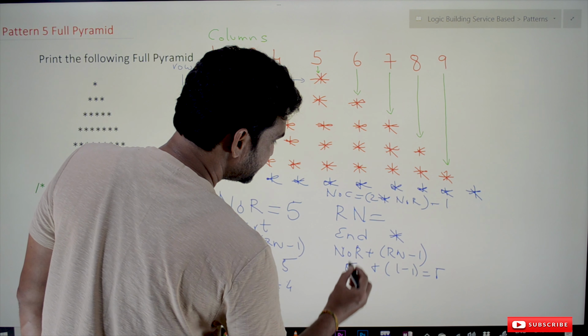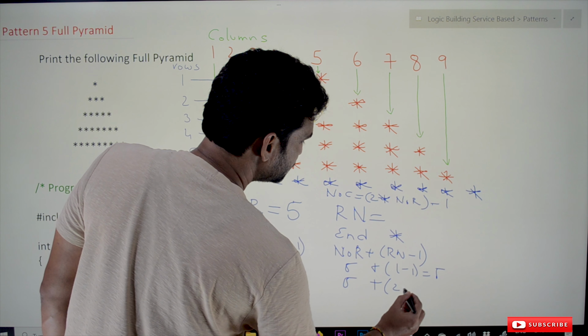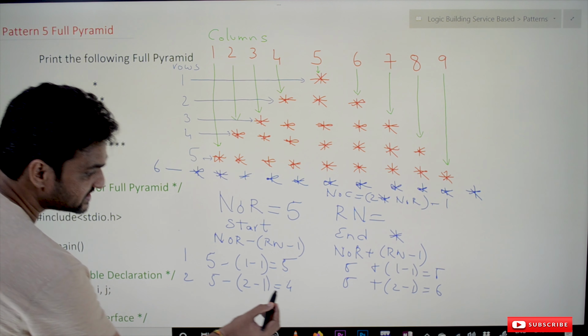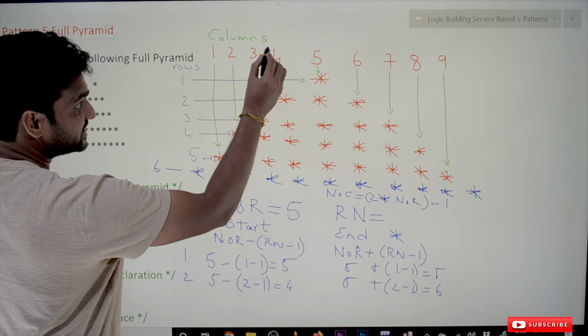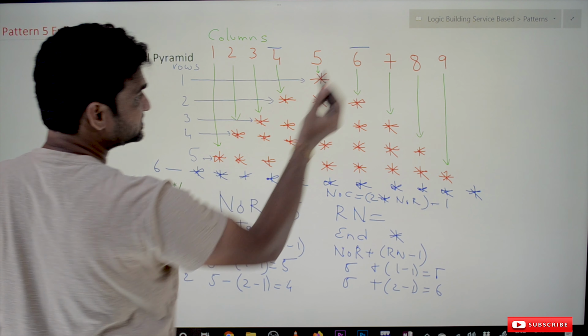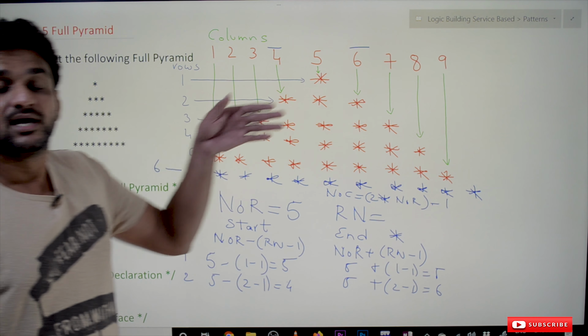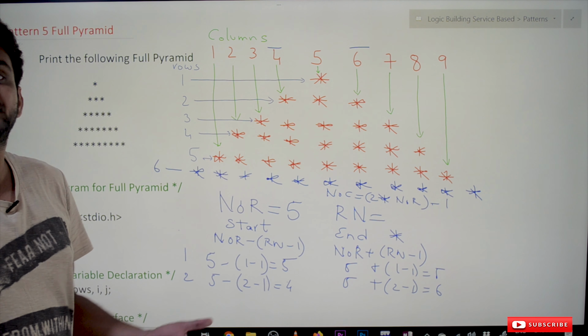And similarly the end point is 5 plus 2 minus 1, which is equal to 6, which means the starting point is 4 and the ending point is 6. See here, the starting point is 4 and the ending point is 6. So from here to here we have to print stars, and the remaining points we have to print empty spaces.